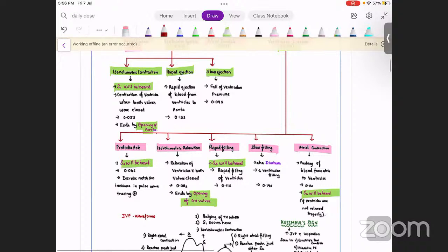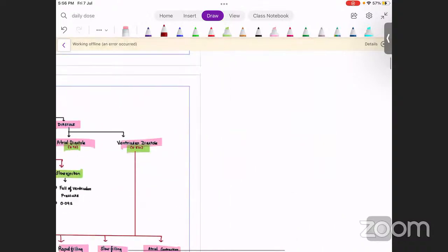What you have to remember in terms of the cardiac cycle are the atrial systole and atrial diastole durations, and the ventricular systole and ventricular diastole durations. One heartbeat is 0.8 seconds.